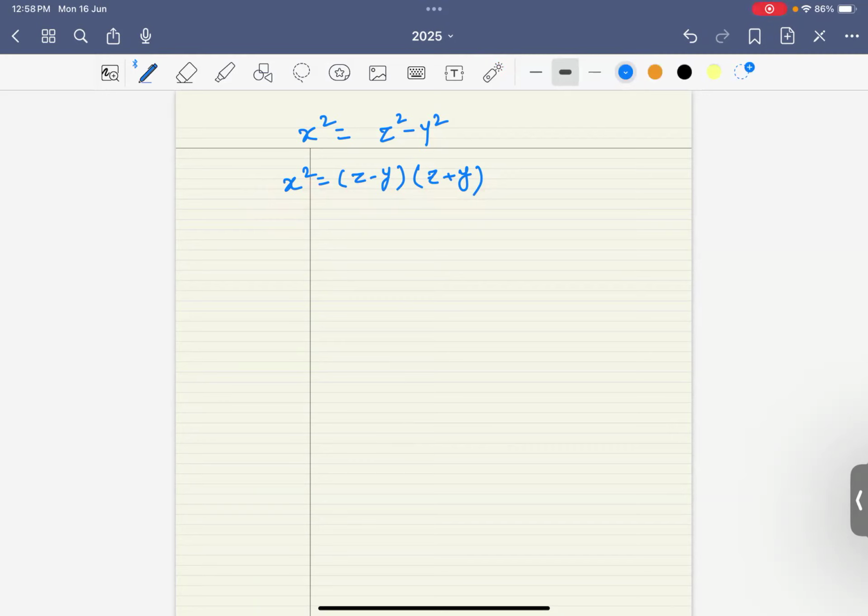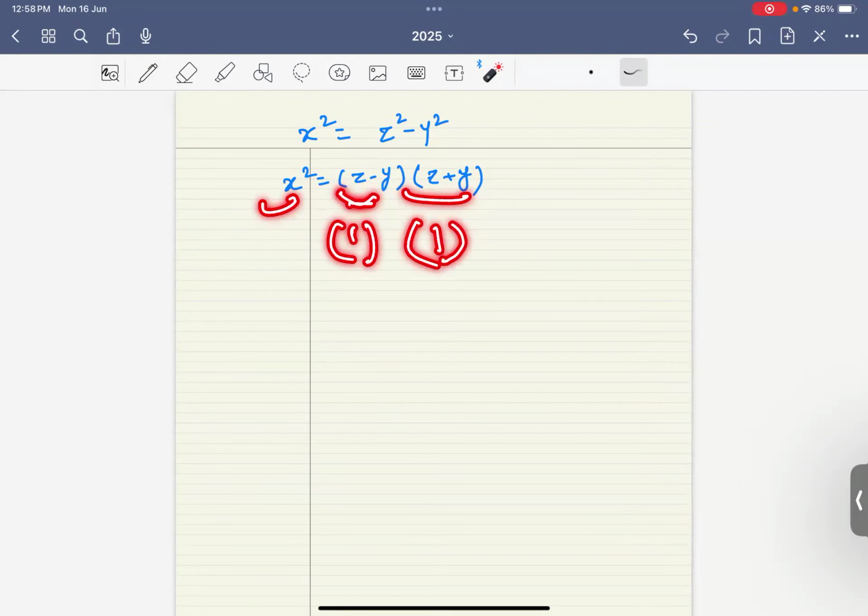Right, so now at this point, I'm quite tempted to say that, since the product of these two numbers is a perfect square, this number must be a perfect square and this number must be a perfect square. Can we say that? Well, the answer to that is no. And for obvious reasons, because 2 into 18 is a perfect square, but neither 2 is a perfect square nor 18 is a perfect square.